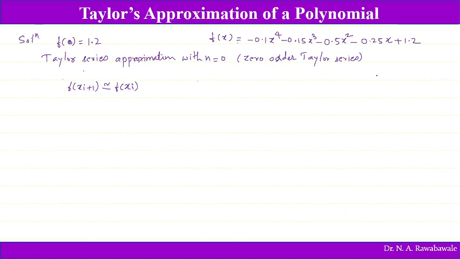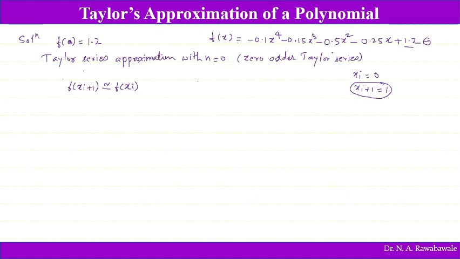So here we can say xi is equal to 0 and xi plus 1 is equal to 1. We are not substituting xi plus 1 is equal to 1 in this polynomial. What we are doing is substituting xi is equal to 0. Then we got this as 1.2.